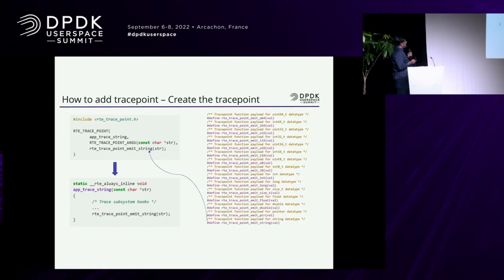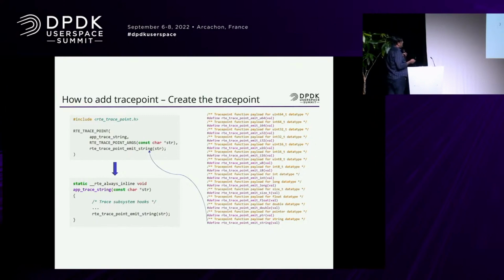So basically, creating a trace point is like this: you define the function, you define the arguments and what inputs it's going to take, pick the data types from this list, and just keep adding to it, so that you can craft a trace point based on your need. When this macro gets expanded, it's going to come out something like this, where there's a function name, and the trace subsystem has some prologue and epilogue.